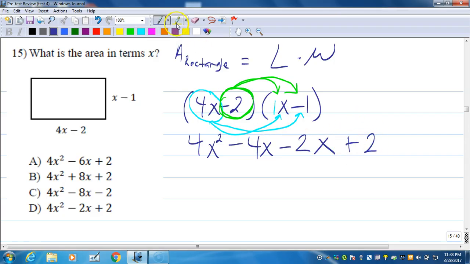Then you combine your like terms, which is negative 4x and a minus 2x. Now bring down the 4x squared. Negative 4x minus 2x is negative 6x, and then plus 2. Answer A.